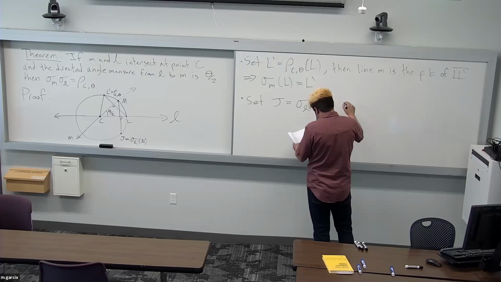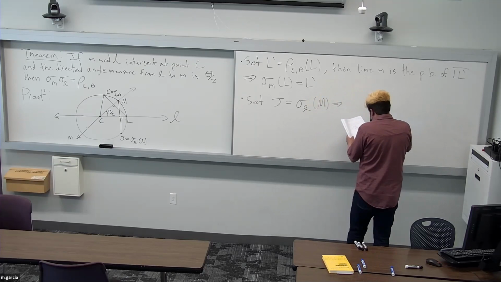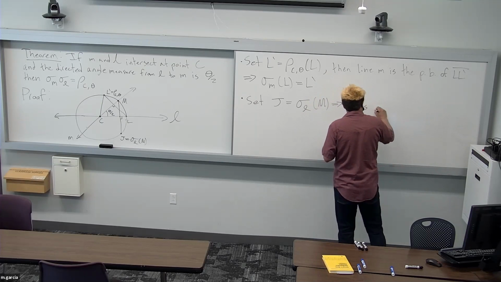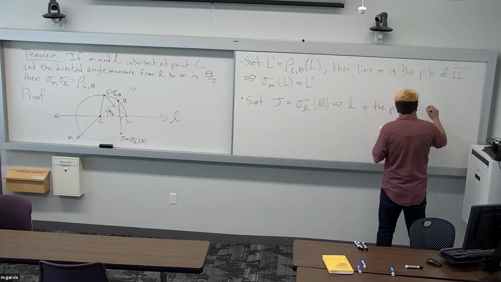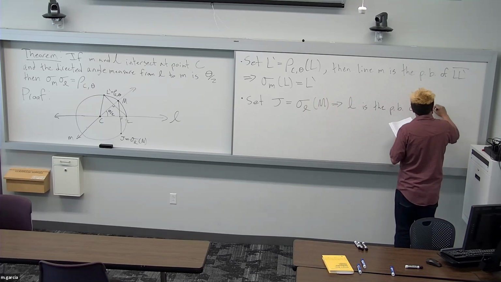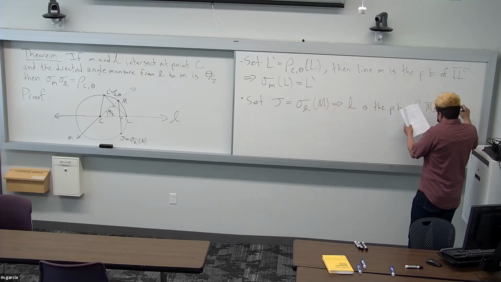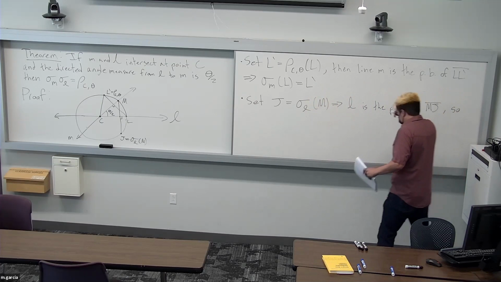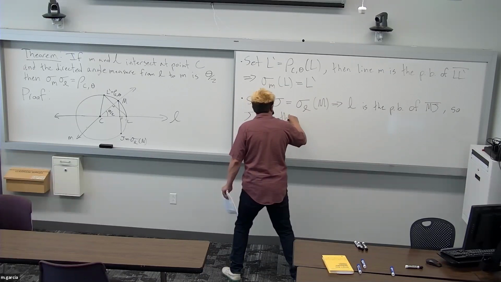Which of course means, well, just by definition, L is the perpendicular bisector of the line segment MJ. So J is on the circle.